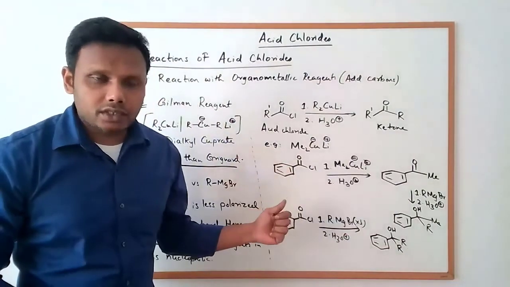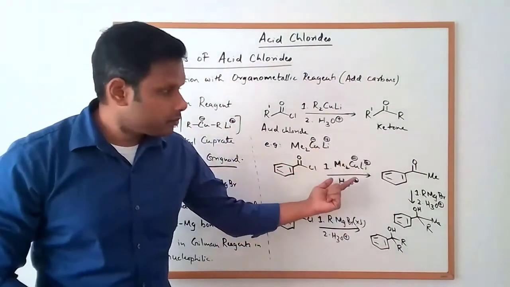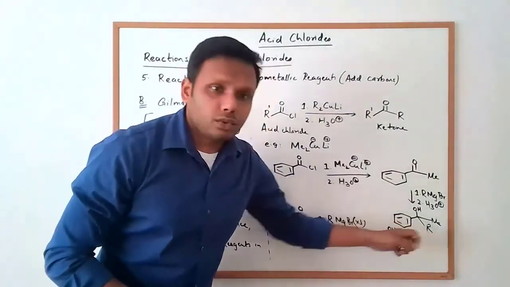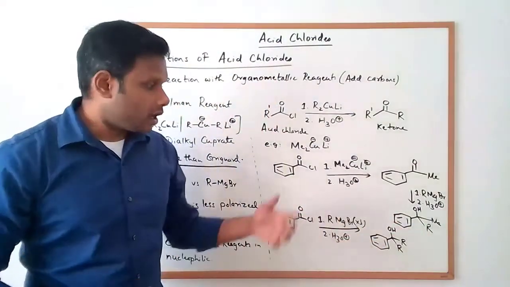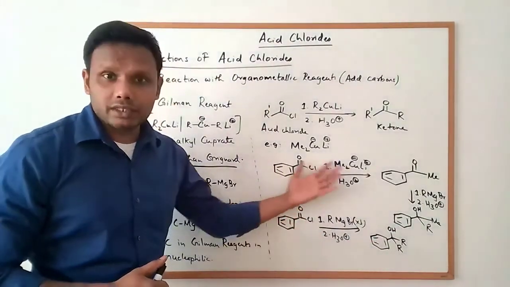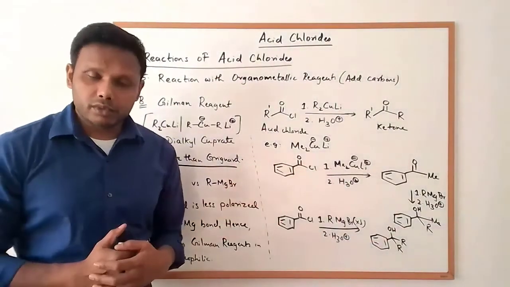But the sequential use of a Gilman followed by a Grignard allows me to bring in two different R groups as far as organic synthesis is concerned. So that's one advantage of the Gilman reagent.